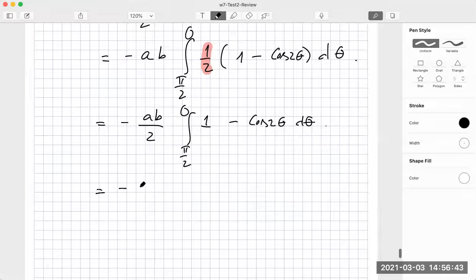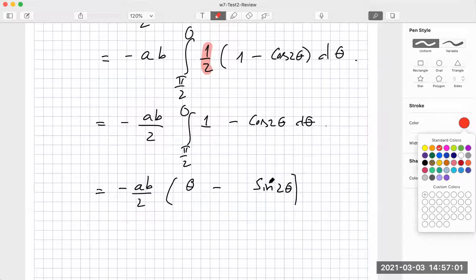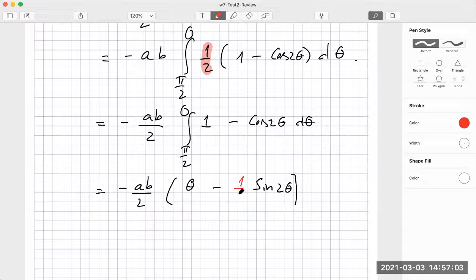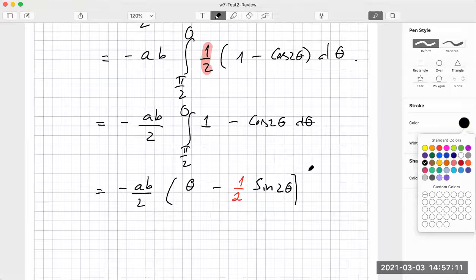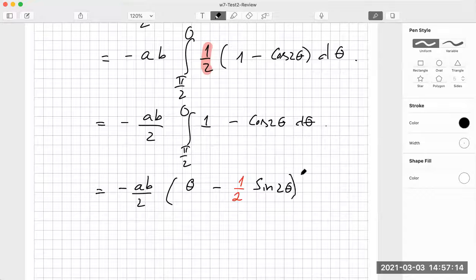The antiderivative of 1 gives us theta. The antiderivative of cosine gives us sine 2 theta, but remember, when we take the derivative back, there is a parameter here, so be careful with that, or you can do substitution slowly. And theta is from pi over 2 to 0.